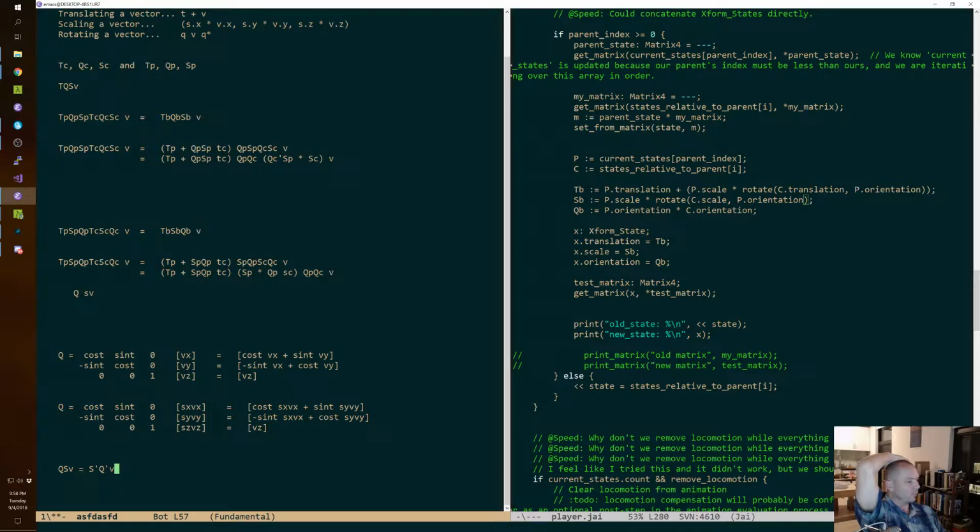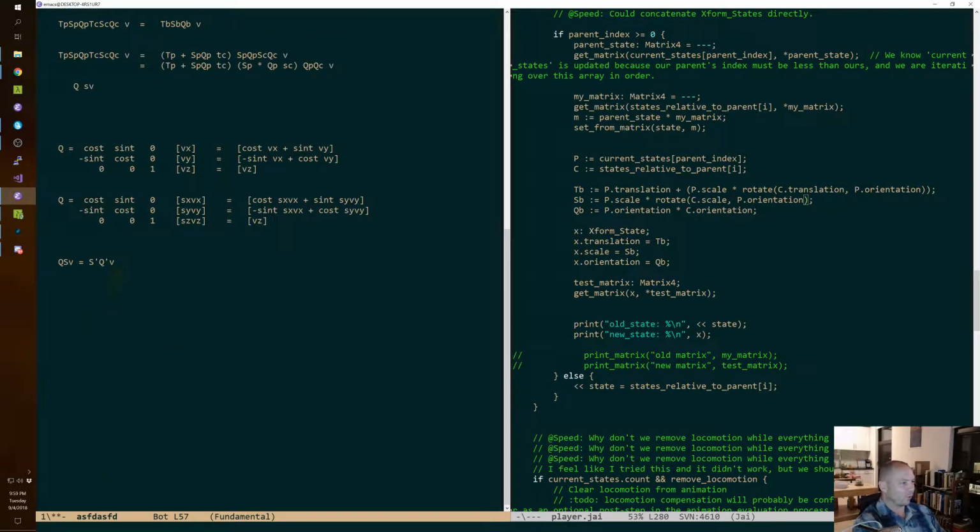Well, to get the scale on the left, I have to, oh geez. Actually, we're going to use prime for inverse, so let's say some other symbol, right?